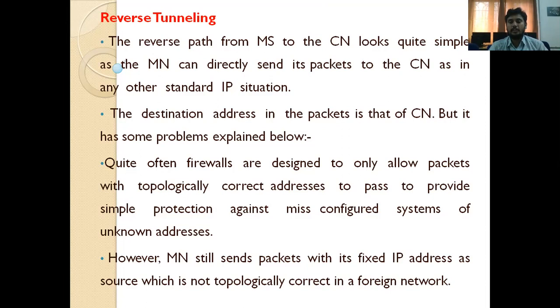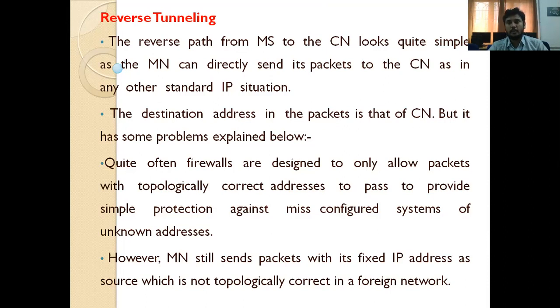In the tunnel technique, the data packet is transmitted from the correspondent node to the mobile node. So in the correspondent node, that means in the sender's area, encapsulation is done. In the receiver's area, that is the mobile node area, decapsulation is done. But in the reverse path from the MS to the CN, it looks quite simple, as the MN can directly send its packet to the CN as in any other standard IP situation.